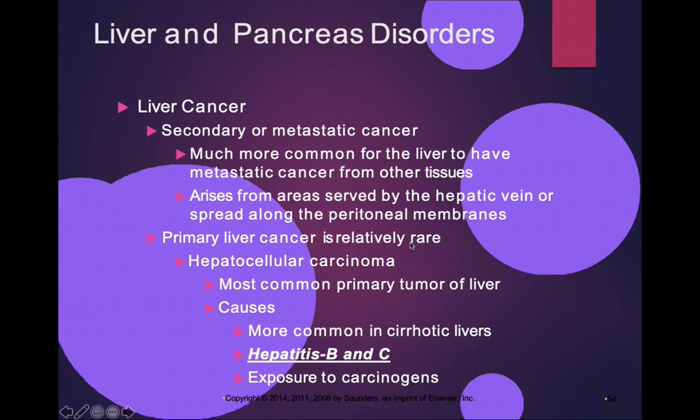Primary liver cancer is relatively rare. The hepatocellular carcinoma is the most common primary tumor of the liver, and it's caused primarily by hepatitis B and hepatitis C.